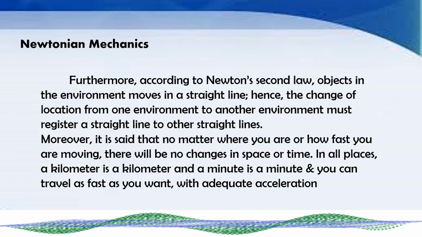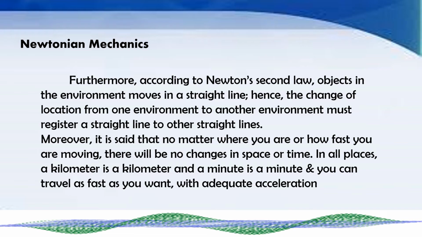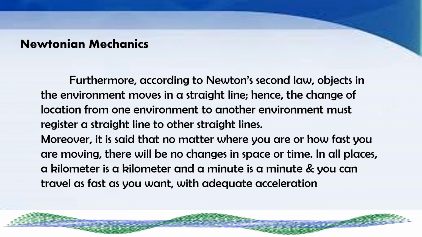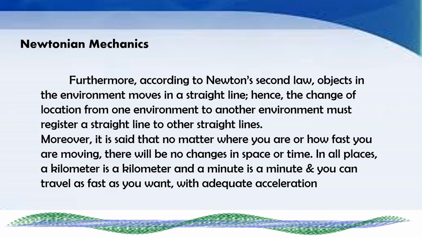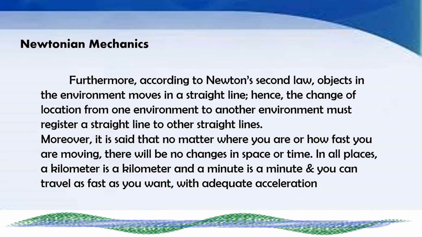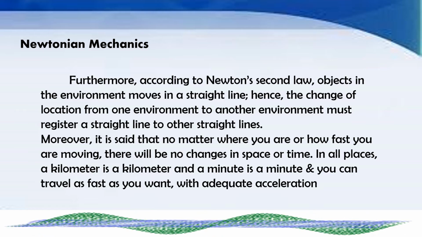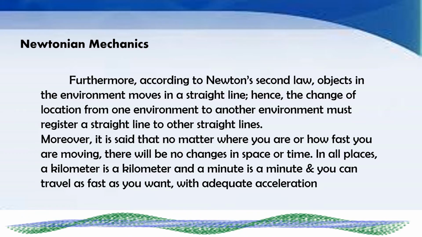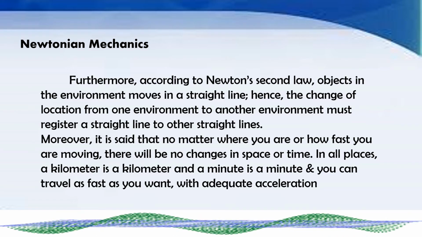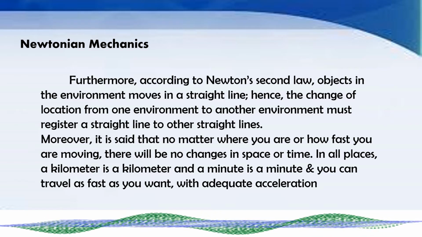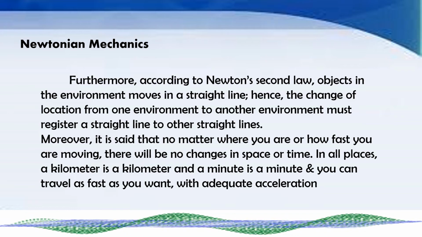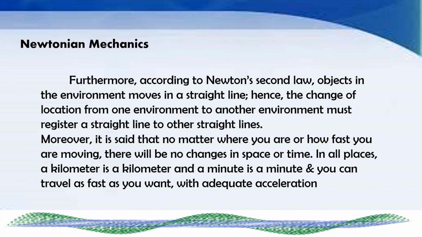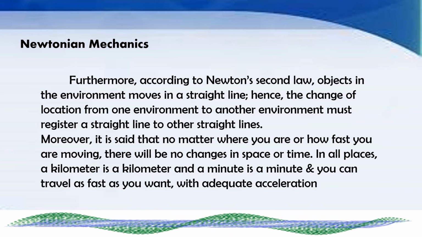Moreover, it is said that no matter where you are or how fast you are moving, there will be no changes in space or time. So in all places, a kilometer is always a kilometer, and a minute is a minute, and you can travel as fast as you want with adequate acceleration. So that is for Newtonian mechanics.